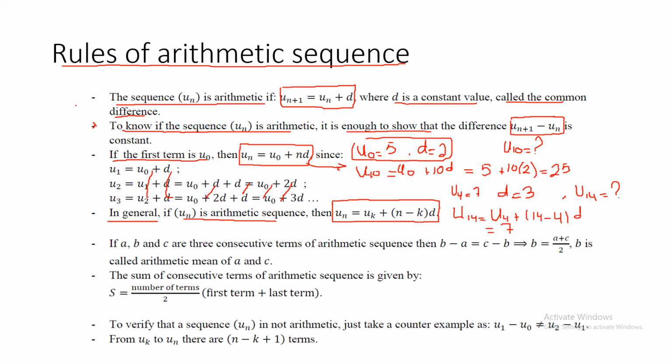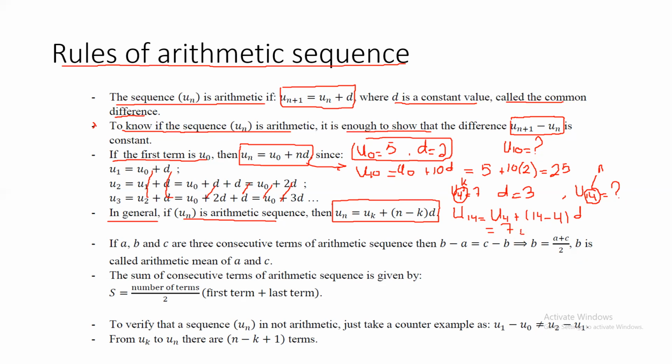Since I have u_4, which is u_k, I need to calculate u_14. This is n. Since this one is given, this is k. You can also put them the other way around; it doesn't matter.